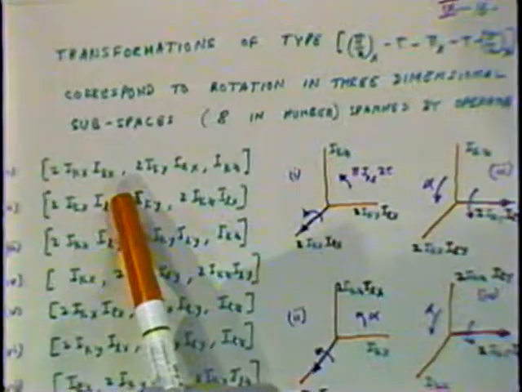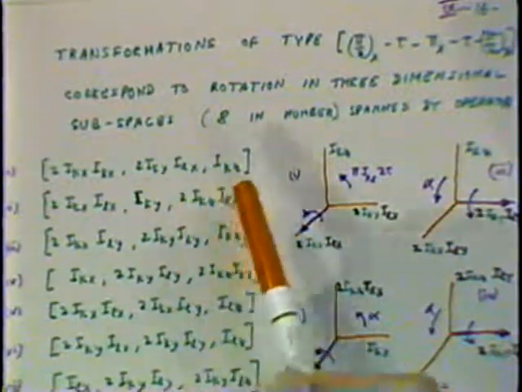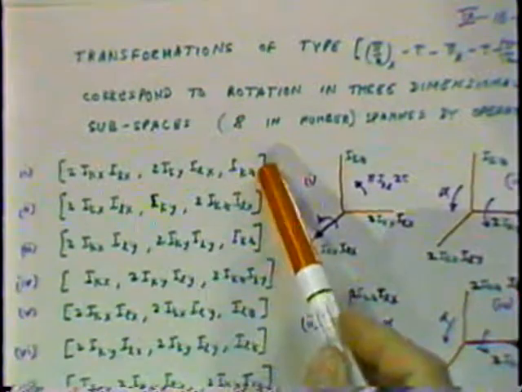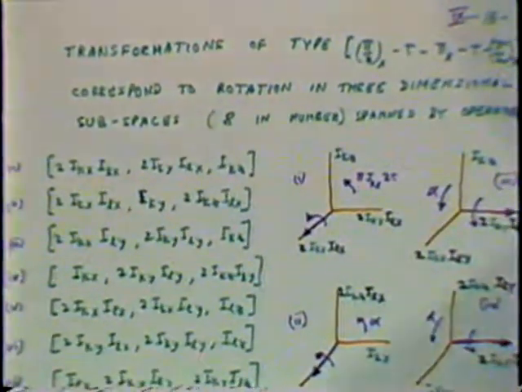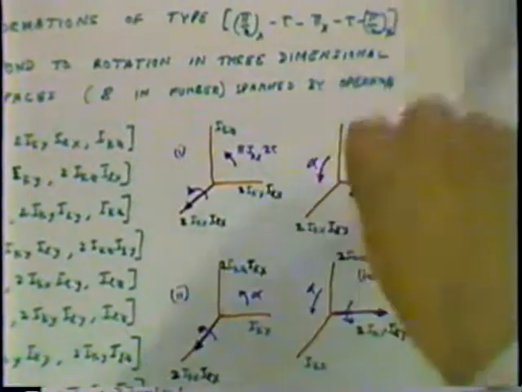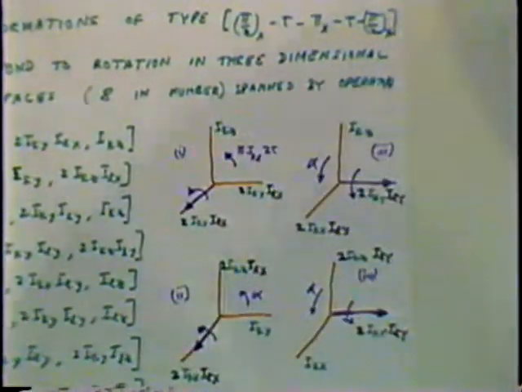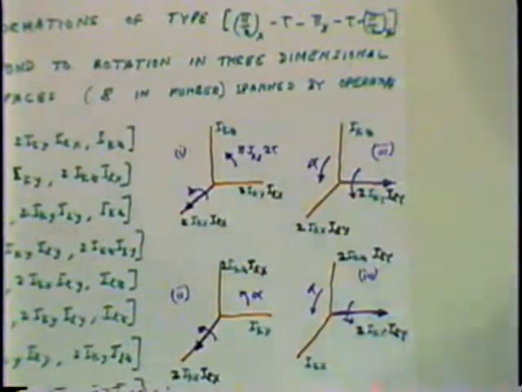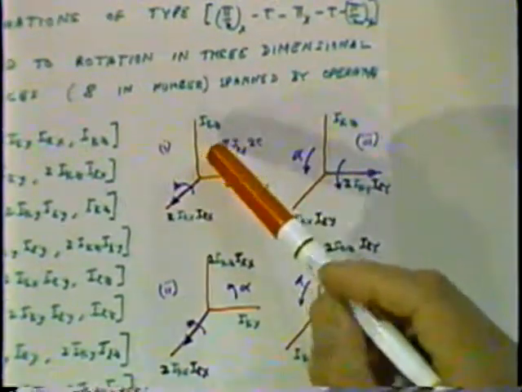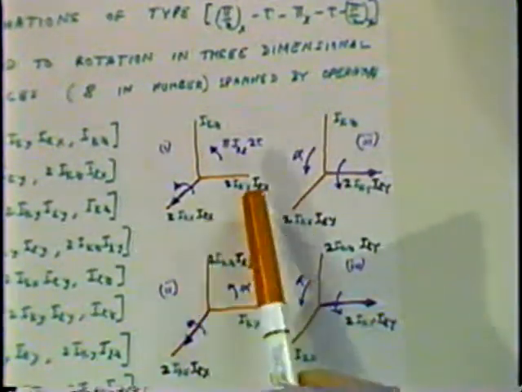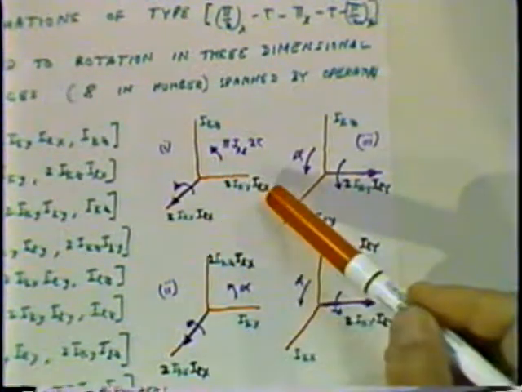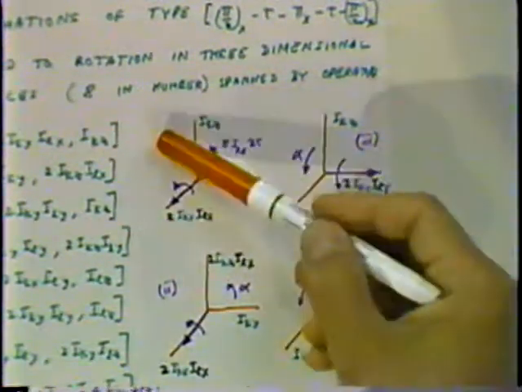These transformations also form a basis. Operators like IKX, IKY, and IKZ form a subspace with rotation within the subspace. So if you just draw these subspaces, which is basically a subspace of spin K, where I have written IKX, IKY, IKZ, and multiplied by ILX, this forms a subspace.